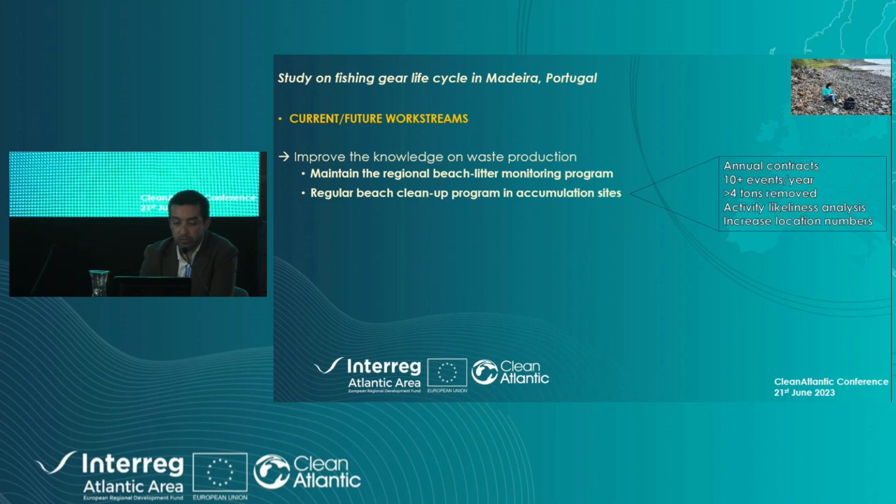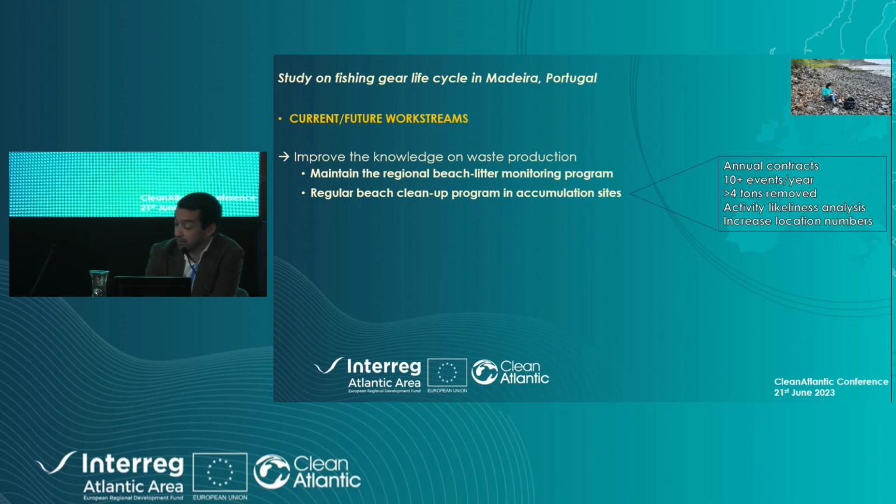There is also a regular beach cleanup program in accumulation sites. We established annual contracts with former fishermen, and we now do 10-plus events per year, with more than 4 tons removed. And now we can look into that analysis of where it's coming from, both the activity and also the geographic source.